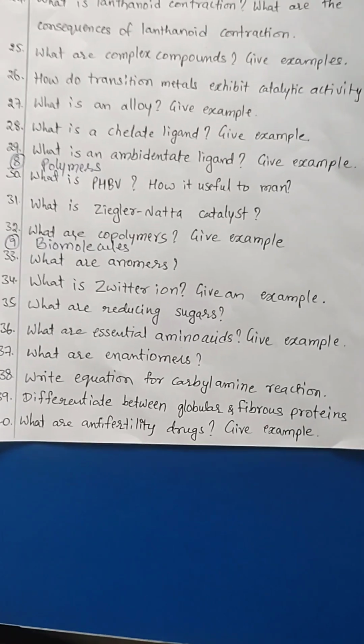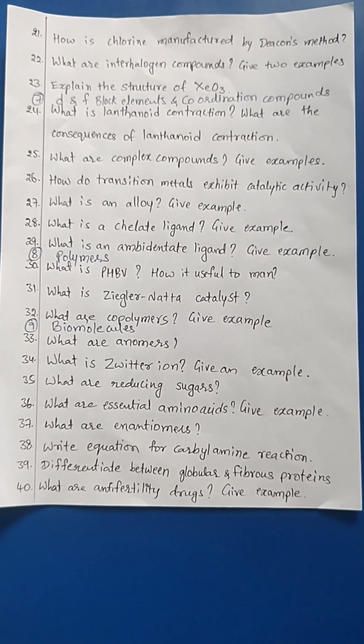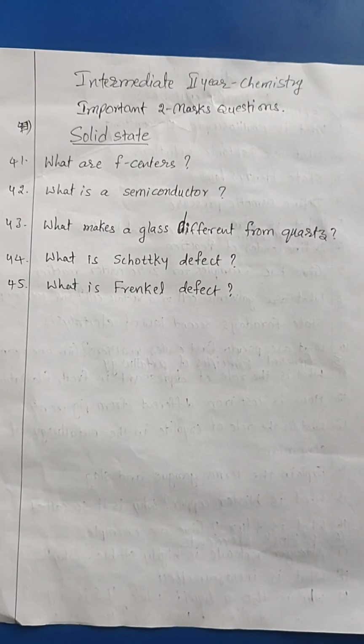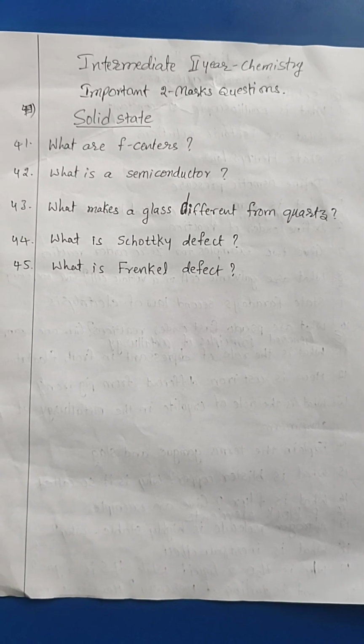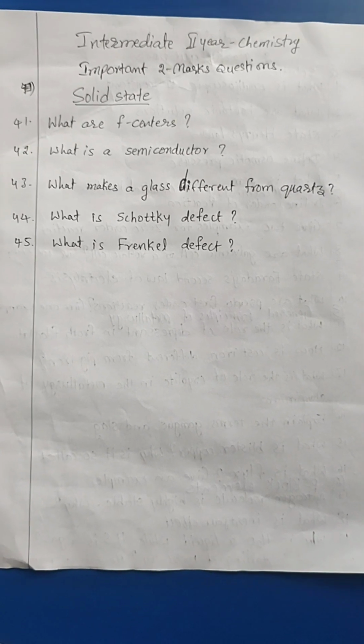Along with these questions, we may also get from the first chapter, solid state. They are: what are epicenters, what is a semiconductor, what makes a glass different from quartz, what is Schottky defect, what is Frenkel defect.